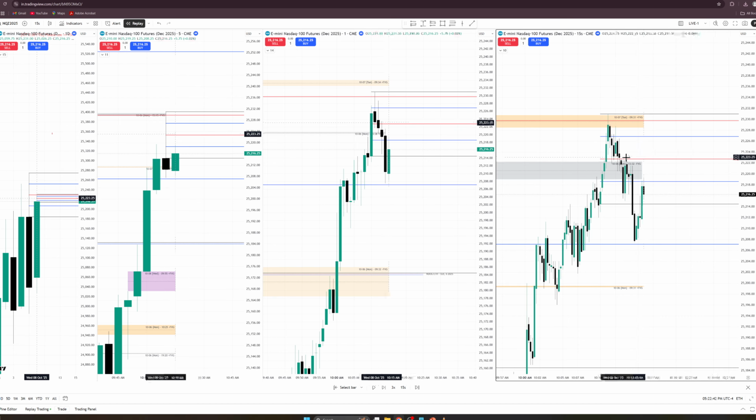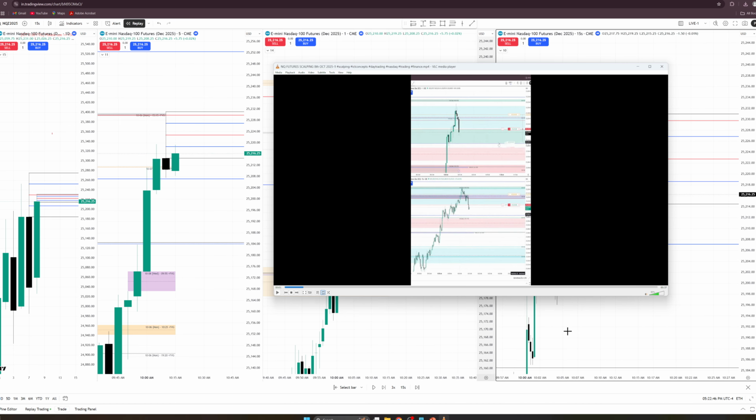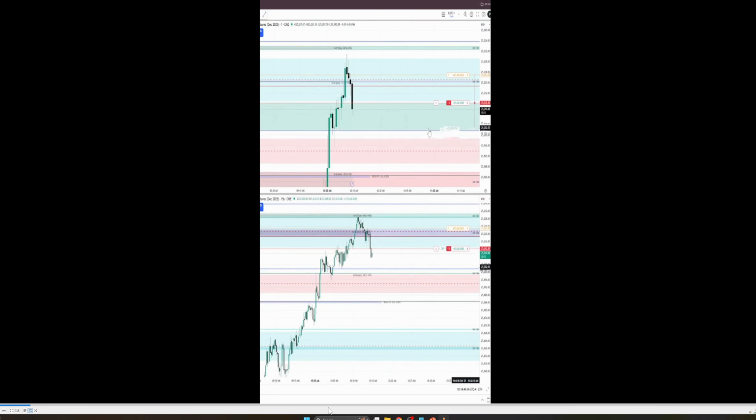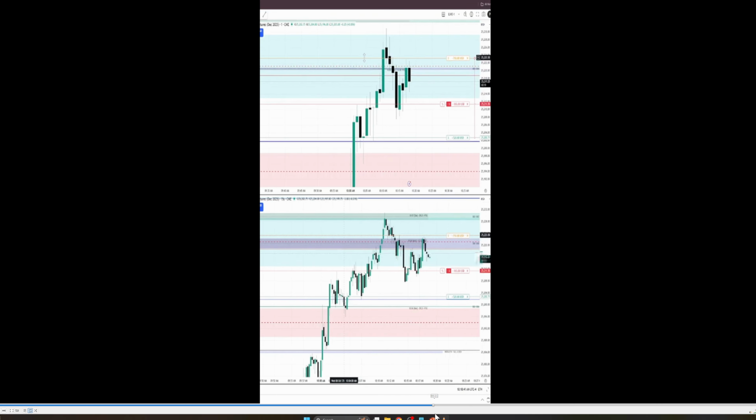So I placed my stop loss on top of this candle. Let me show you. You can see when price came back up, my stop loss was on top of this candle.